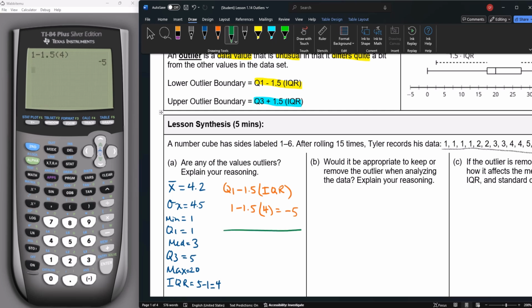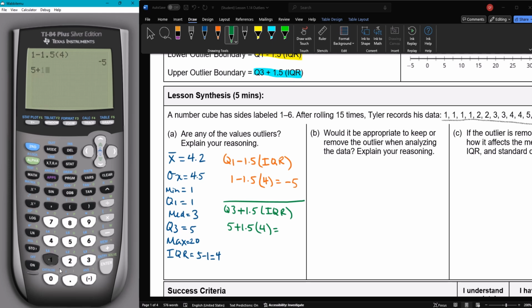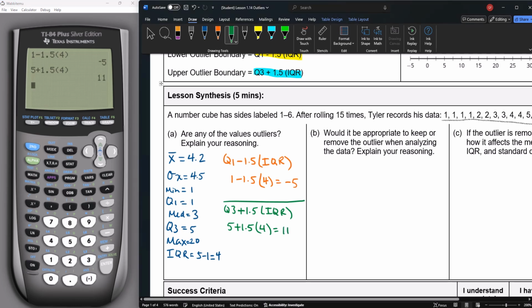When we are doing our upper outlier boundary, we take Q3 and add 1.5 times our IQR. So Q3 in this case is 5. Then we add 1.5 times our IQR, which is 4. All you really have to do is plug that directly into the calculator exactly how you see it.